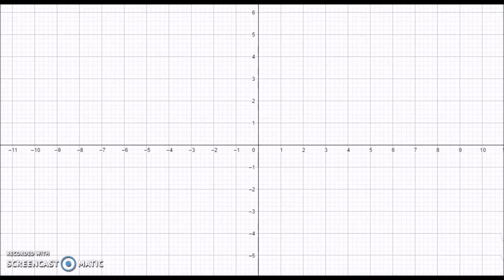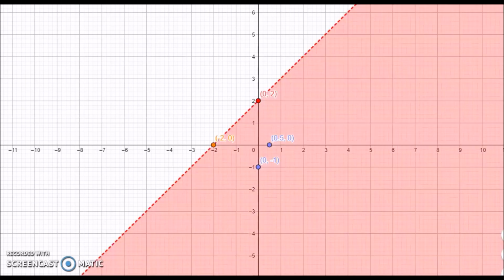To visualize it clearly, let's have this software. So for the first step, we draw the graph of the 2 inequalities in one rectangular plane. So the first thing we did was to plot the solved intercepts, and we connect these points by broken lines since we use less than and greater than.